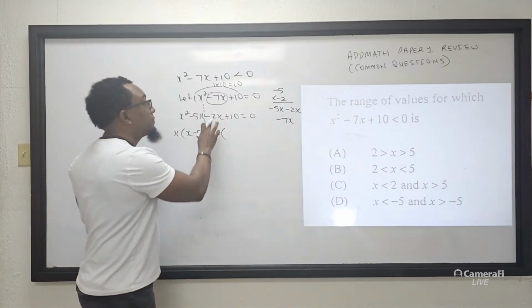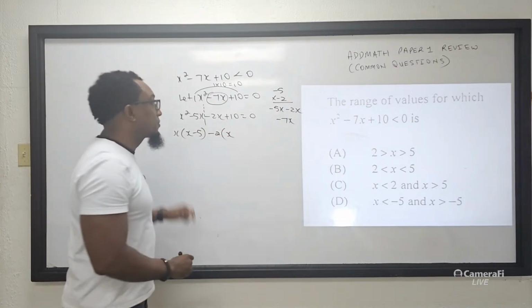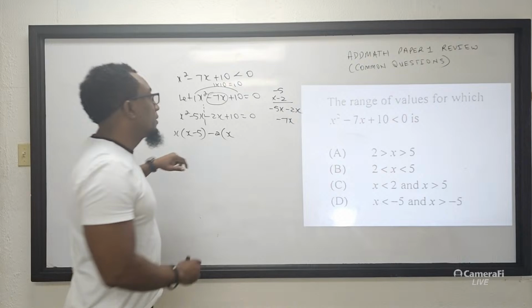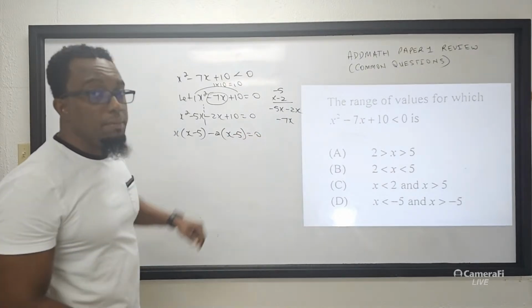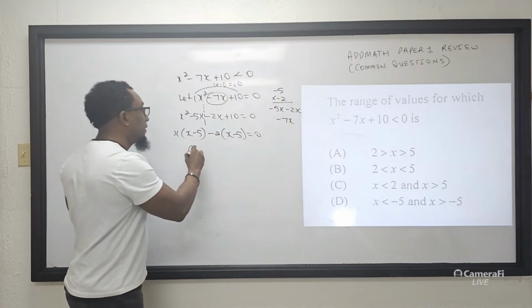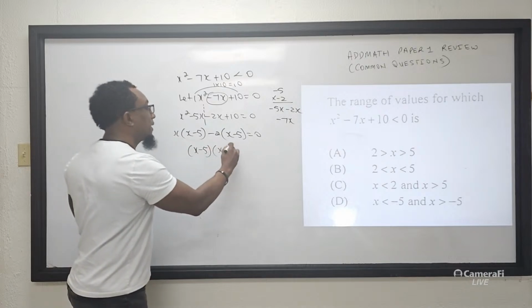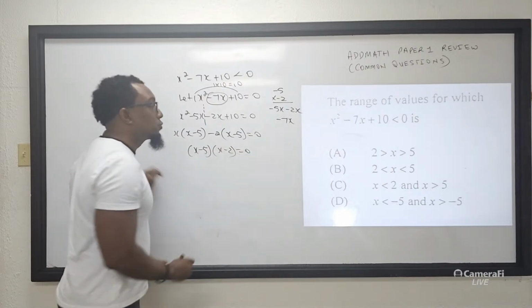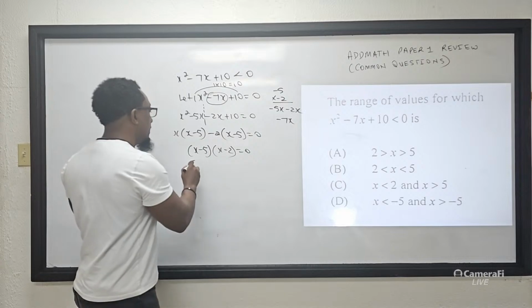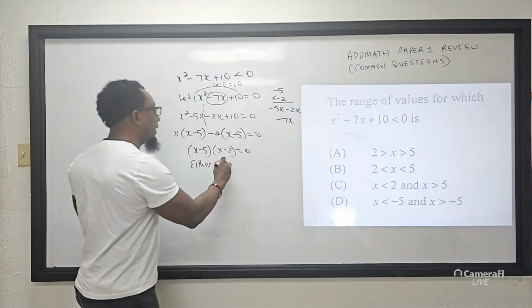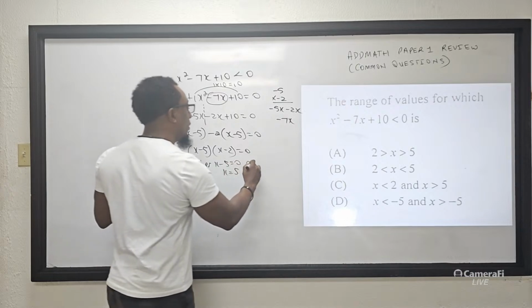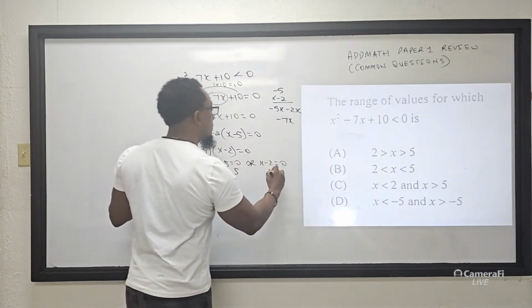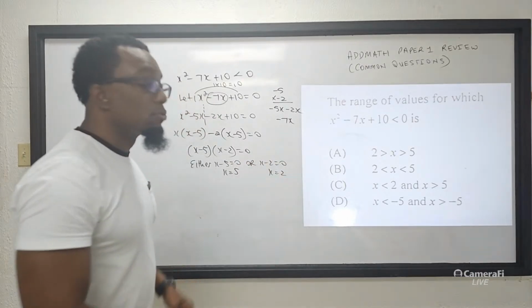When I divide negative 2 into negative 2x, I get x. Negative 2 into plus 10, I get negative 5, is equal to 0. So I have the same expression in my bracket, so I know I'm on the right track. So I further factorize to get x minus 5 times x minus 2 is equal to 0. And I'm going to say either x minus 5 is equal to 0, x is 5, or x minus 2 is equal to 0, x is 2. Those will be my roots.